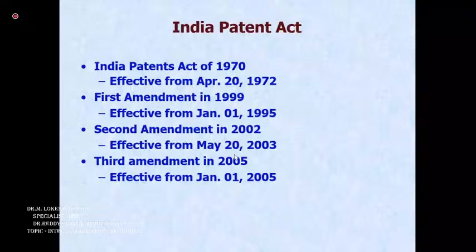I will give you an example. If there is a pharmaceutical product, suppose now COVID is coming, and there are many clinical trials going on to develop a particular product which can be used for the treatment of COVID. If some company develops a product and files a patent, the patent will be granted to that company. The company has the right, from the filing date, for 20 years to sell their drug to the Indian population.